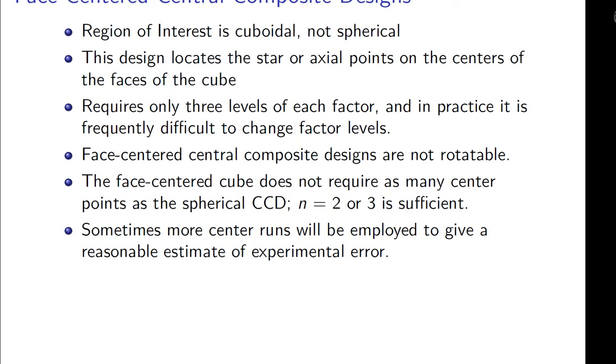So the more center runs you have will allow you to change the actual numerical model you'll use to fit the surface, and changes the error as a result. Simply put, without delving into the theory, more center runs will give you a better estimate of the error.